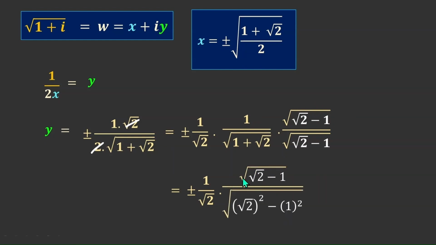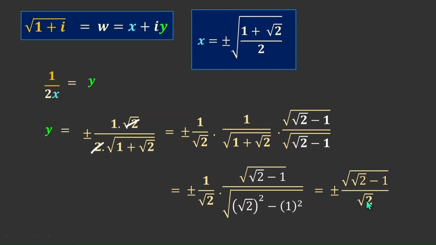So our numerator is under root (root 2 minus 1) and the denominator is under root (root 2 squared minus 1 squared). Now root 2 squared is 2, 1 squared is 1. So 2 minus 1 is 1. So the denominator is just 1.